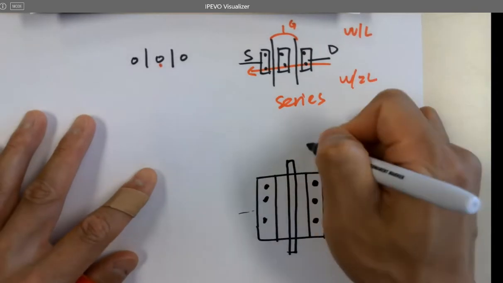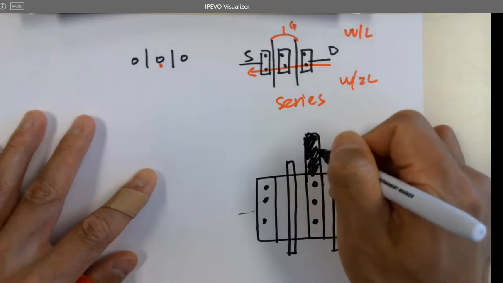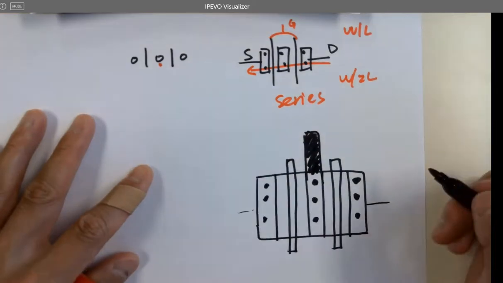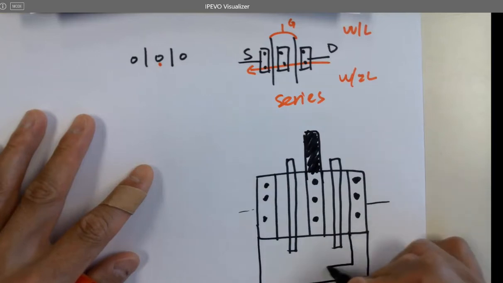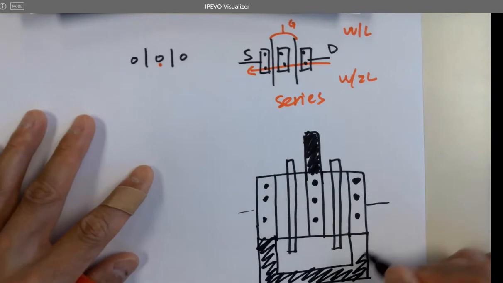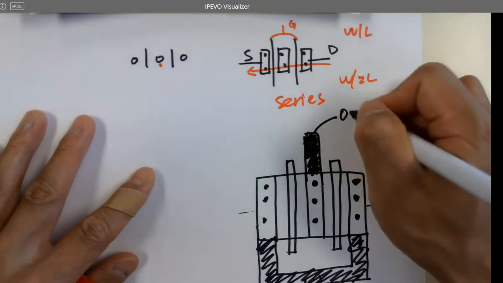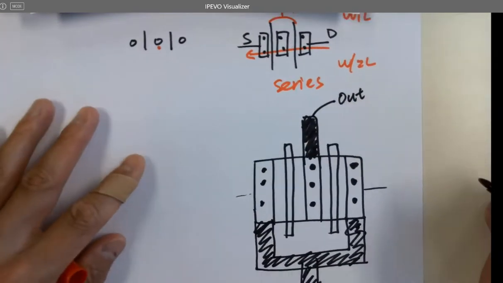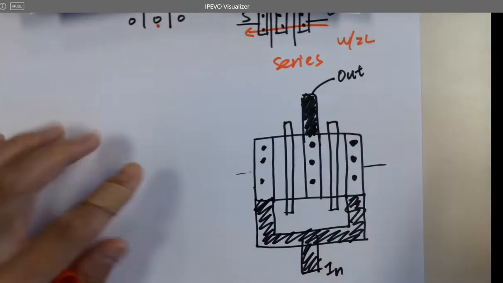So you get one metal one here, and make the connection. The middle one, and combine these two using metal one. And short this one to input, short this one to output. And now they're in parallel. Why is that?